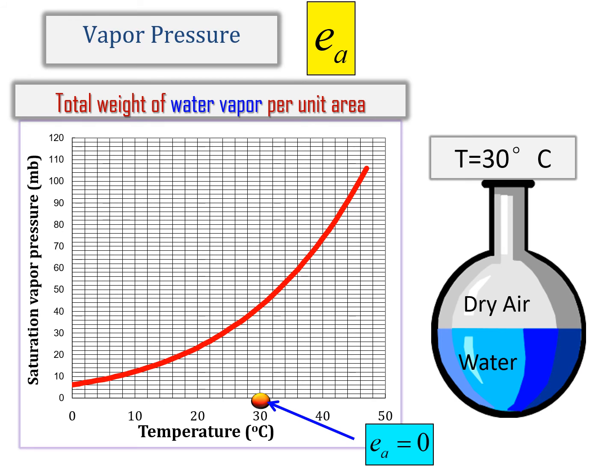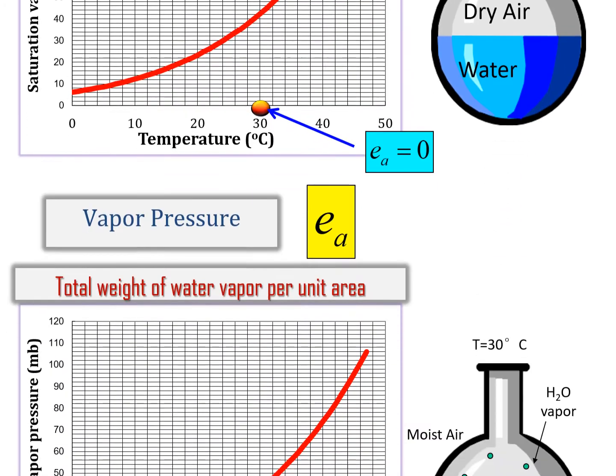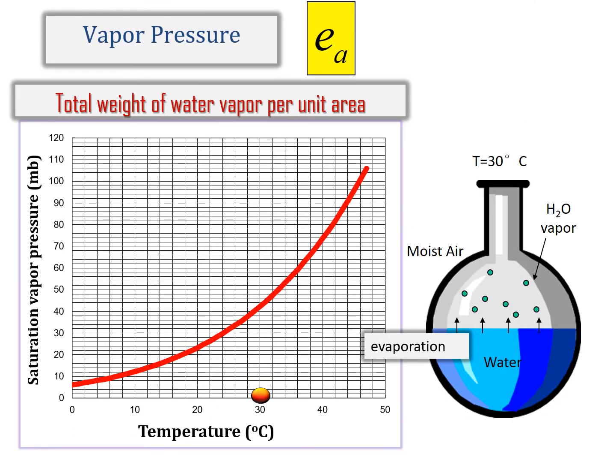Okay? So you have to understand this chart. But it's not real. Water molecules will evaporate into the air. So there are some water vapor molecules in the air. So the air is not dry air. It's moist air, right? Some water molecules are there. Total weight of water molecules is not zero.